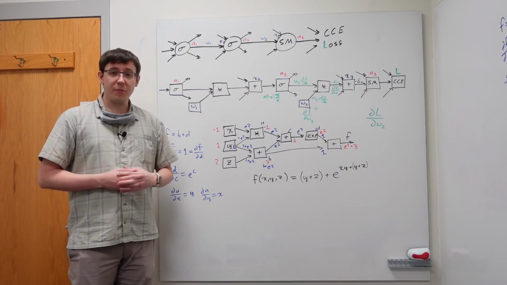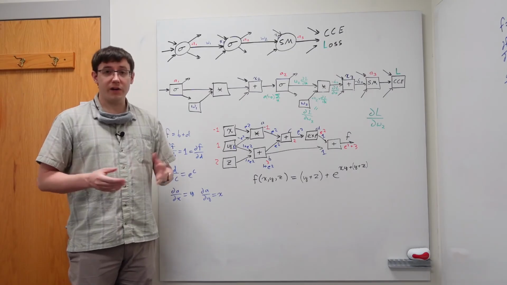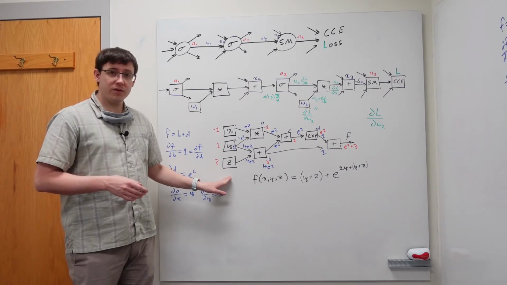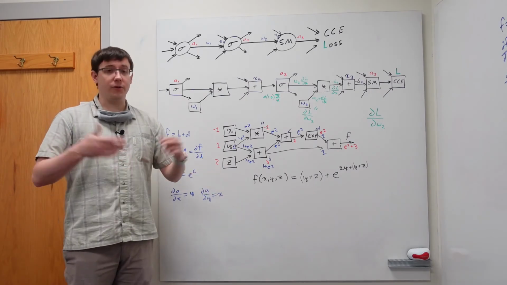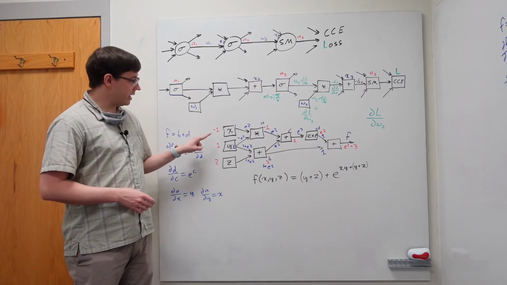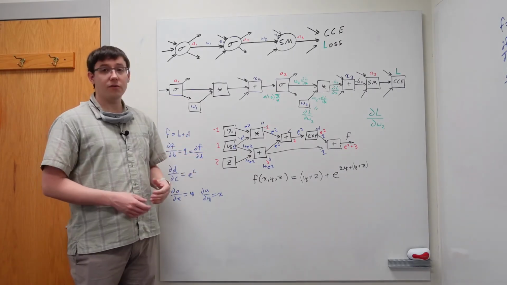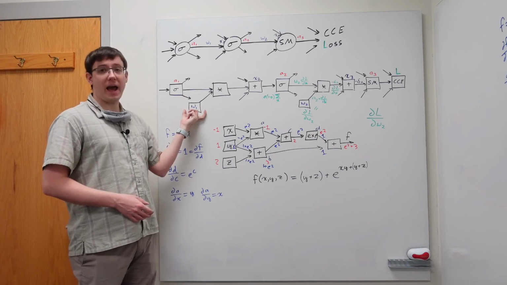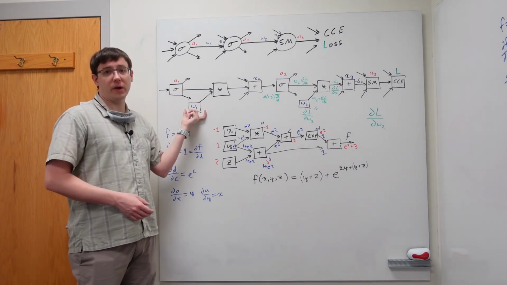But since our goal in backpropagation is just to figure out which direction is the gradient pointing for our current inputs, we don't actually need the full symbolic derivative. We just need the partial derivatives for the weights that we want to change evaluated at the current data points.